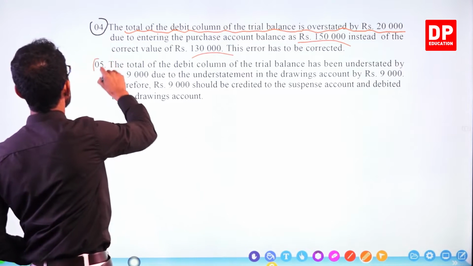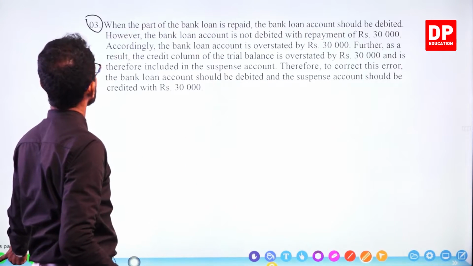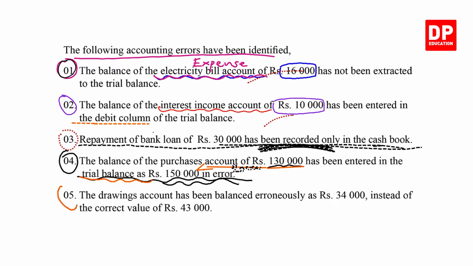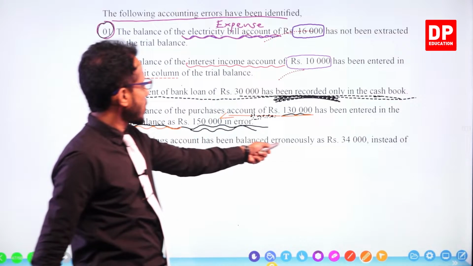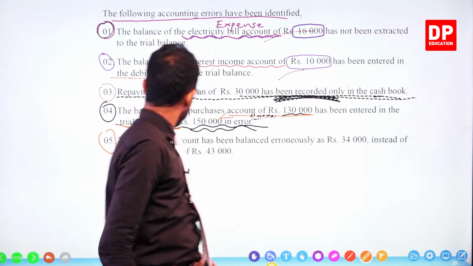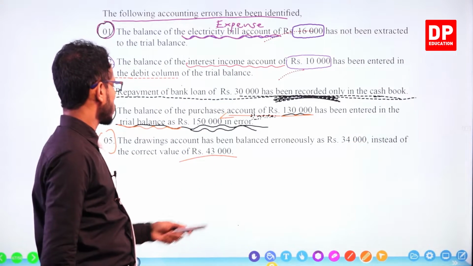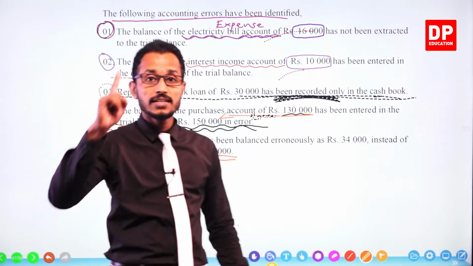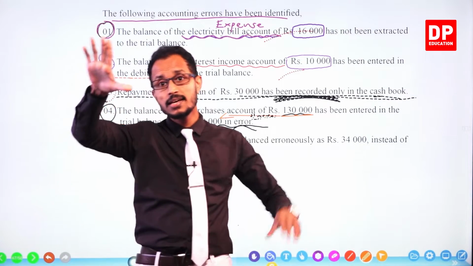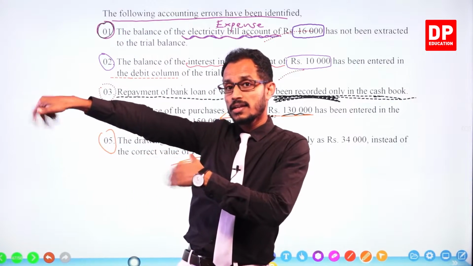Fifth error. Let's go and see the fifth error. Drawings account has been balanced erroneously 34,000 instead of the correct value 43,000. Okay, that is another error. Not in the trial balance, that is an error in the ledgers.